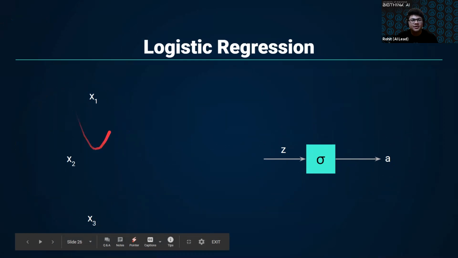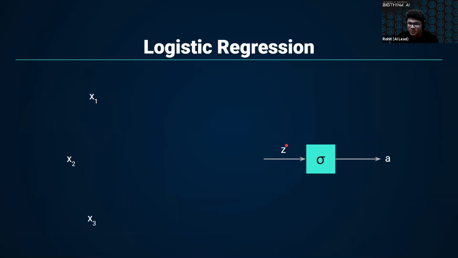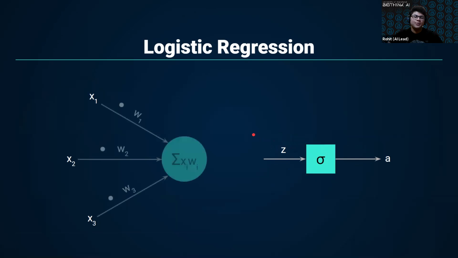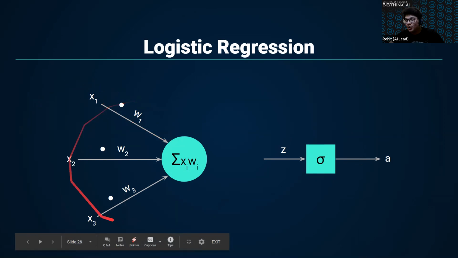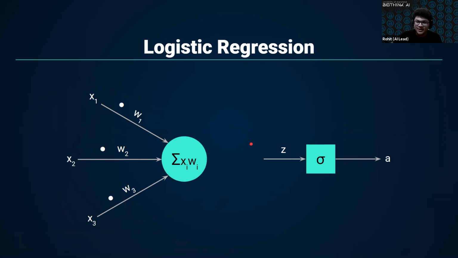How do we convert all of these into one number that we can give to the sigmoid function? That's where we do something called a weighted sum, where we assign each input a certain weightage, a certain importance. We don't do it, the model does it. And we add all of those up, and that gives us one single number.